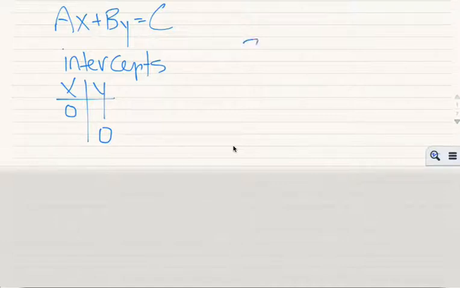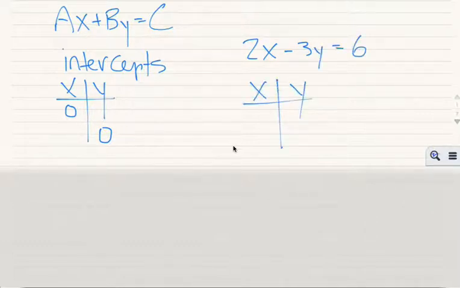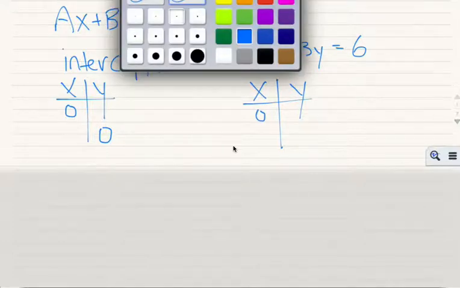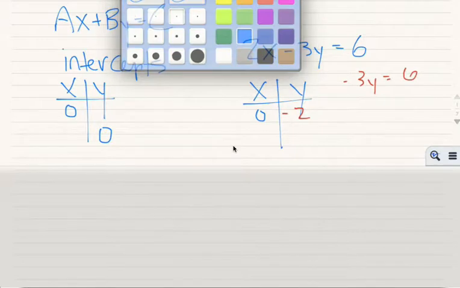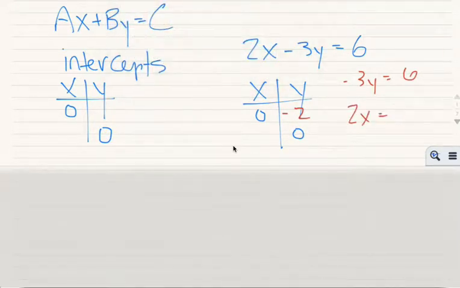If I was graphing 2x minus 3y is equal to 6, when x is 0, I get negative 3y is equal to 6, or y is equal to negative 2. And when y is 0, I get 2x equals 6, or x is equal to 3.